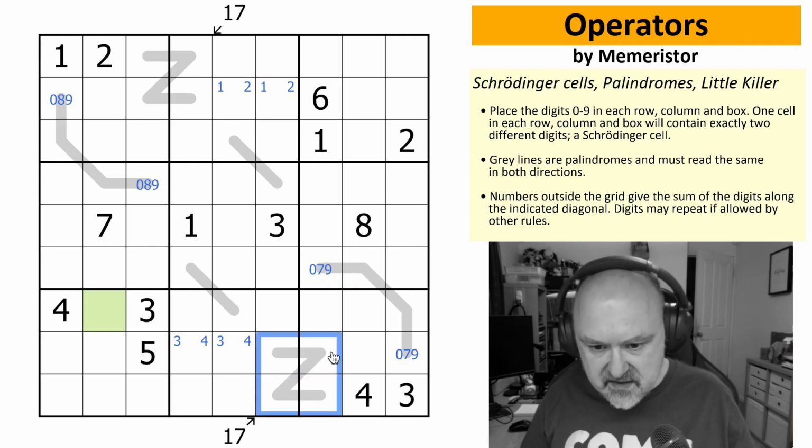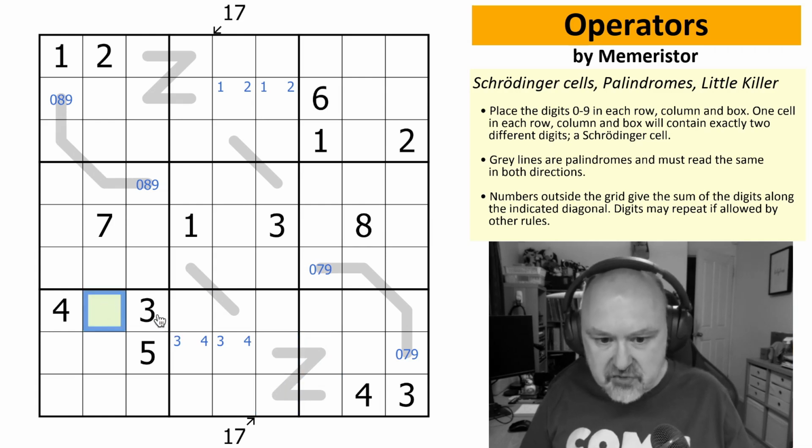Because if it doesn't, where do these cells go in row 7? They've got nowhere to go because that cell is that cell and must go there because it can't be 3 and 4. That cell is that cell and must go there and they can't be 3 and 4, and they must be different because they are in the same boxes. That is a Schrödinger cell.